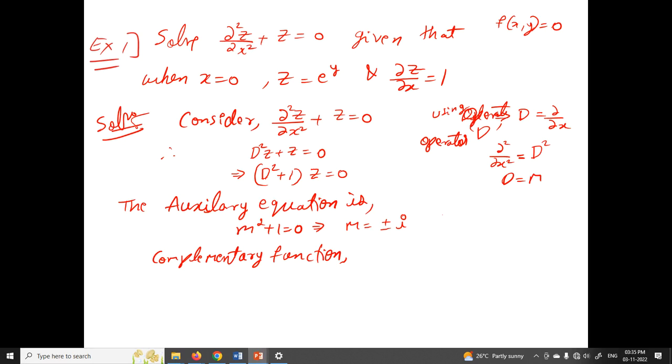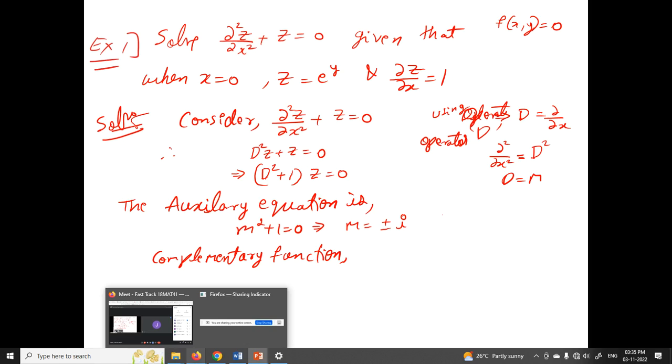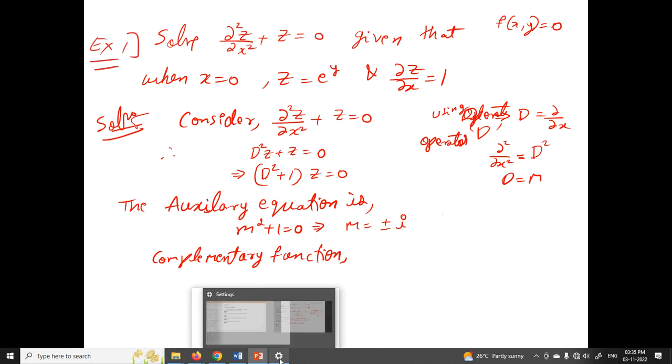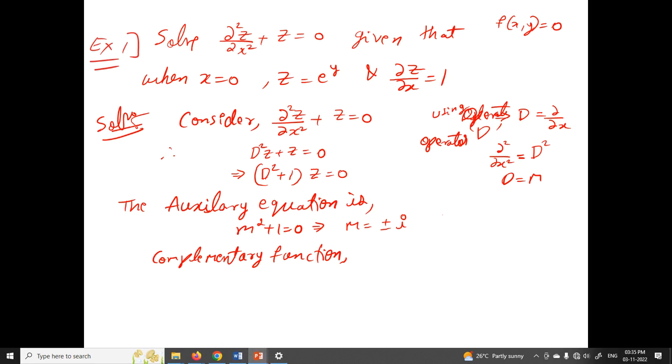Is it real or imaginary? Yes, it is imaginary. Plus or minus i is imaginary. What is the complementary function, students? CF = C1 cos x + C2 sin x. This is how we write the complementary function.